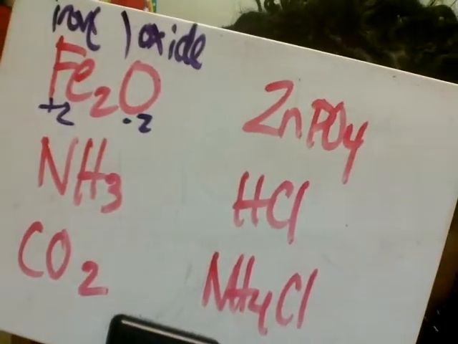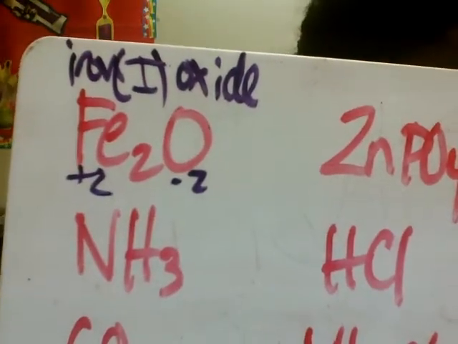Are you thinking? I have to get a total of +2 between 2 people. Each person is going to have to give me 1. Okay? So the charge of iron in this scenario is iron(I). See that Roman numeral 1? Oxide.